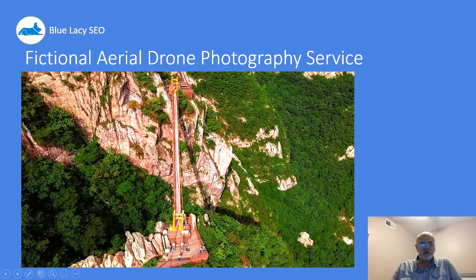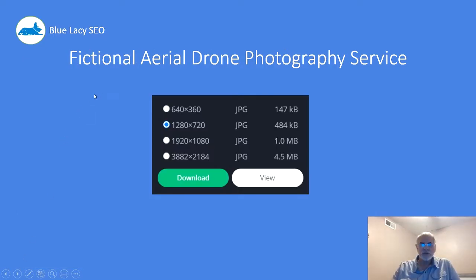This is the fictional aerial drone photography service image that I chose. When I went to download this image, this is a free image, I was given some options for download. First was 3,882 pixels by 2,184, which had a size of 4.5 megabytes.